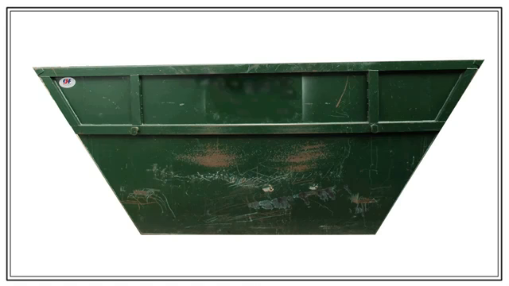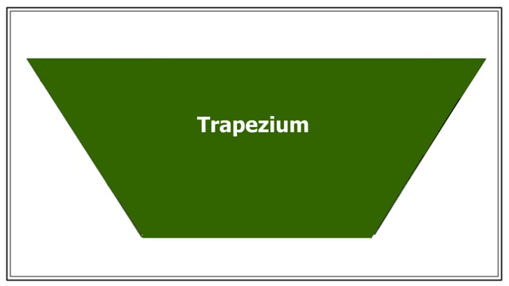But if you imagine that the side facing us is the end, mathematically the end, you will see it's a trapezium. It has one pair of parallel sides. And then imagine cutting parallel to that, moving away from the camera to the back of the shape. I think you will see then that it will always be that same trapezium all the way through. So a skip is actually a prism too.